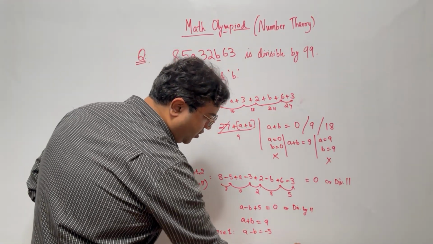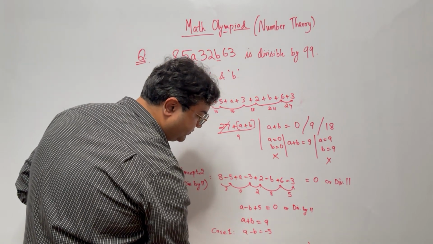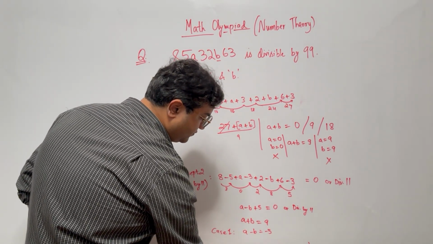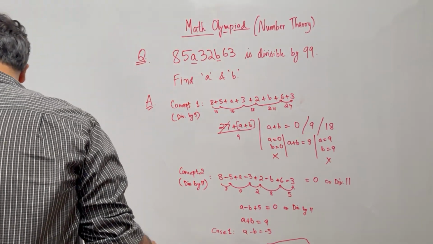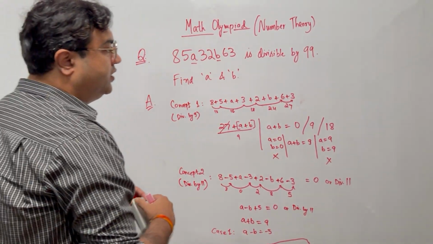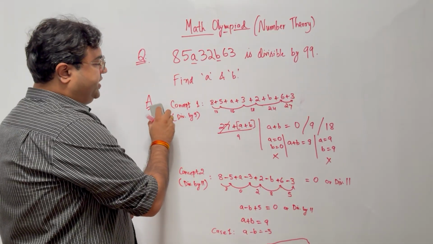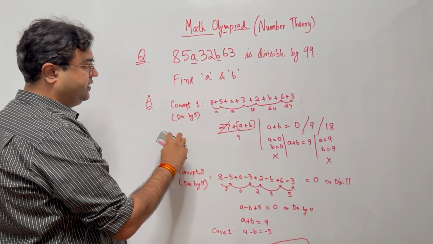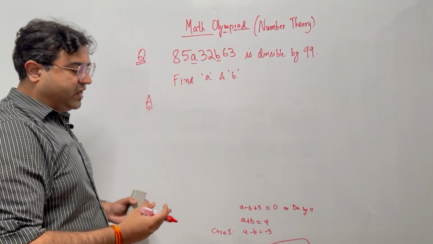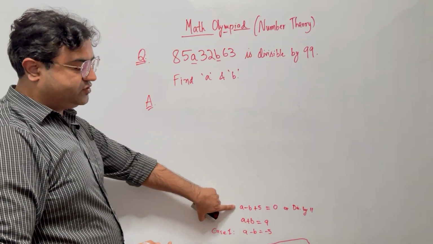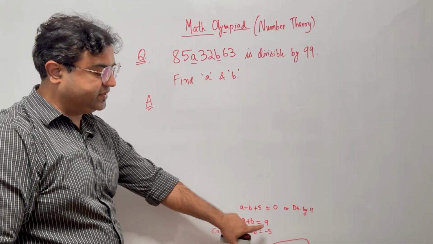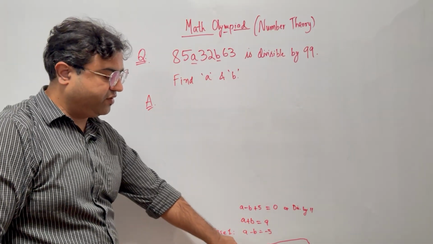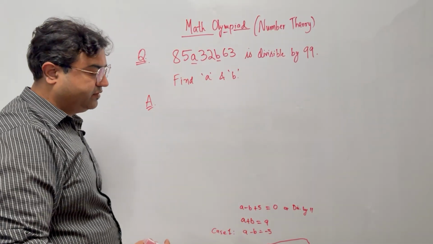Okay, so we got one answer here. Now let me erase this. So based on this equation being equal to 0, A plus B is 9 and A minus B is minus 5, we have A is equal to 2, B is equal to 7.